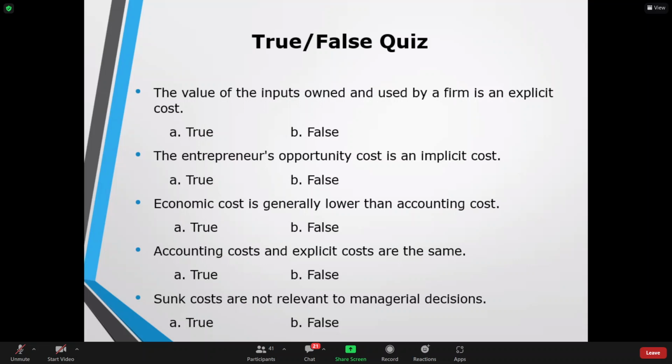No, accounting cost is explicit cost, not implicit cost. Implicit is things like opportunity cost, right? So it is included in economic cost. Accounting costs are whatever is explicitly stated. So therefore, the fourth question is true.